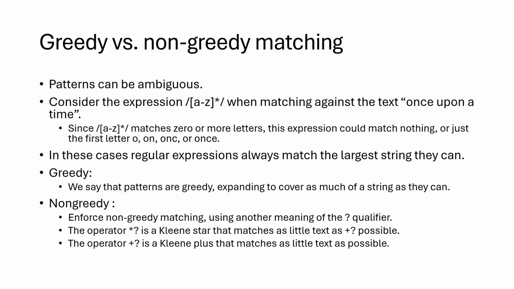In these cases, regular expressions match the largest string. We can follow a greedy approach or a non-greedy approach for this matching. In the greedy approach, the search expands to cover as many letters as possible. But for non-greedy, we can restrict the search using another operator called the question mark qualifier.